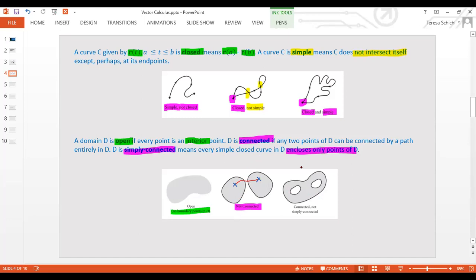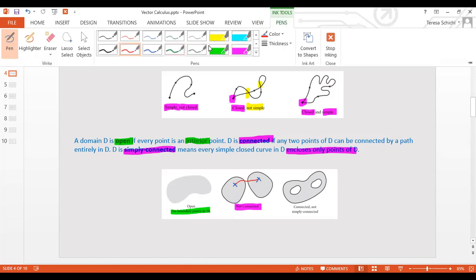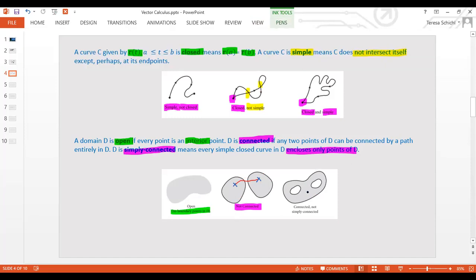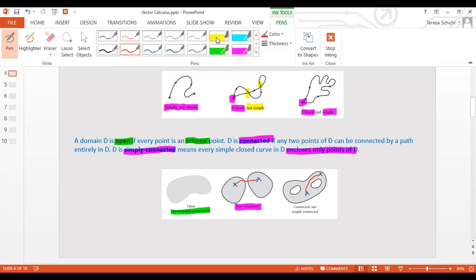Okay, take a look at this graph here. This is connected. Why? Because if you pick any two points, you can find a path, and this path is all inside this domain. But this is not simply connected. Why?